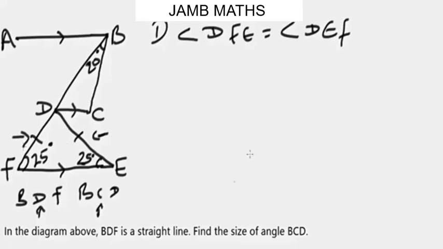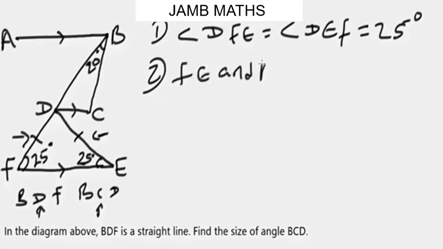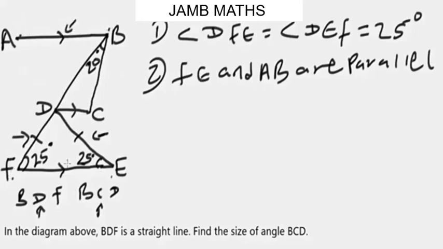Having established the fact that angle DFE equals angle DEF, which is 25 degrees, the second fact we need to establish here is that FE and AB, if you check carefully, are parallel. This is FE, and the line AB are parallel because of this arrow we have here.